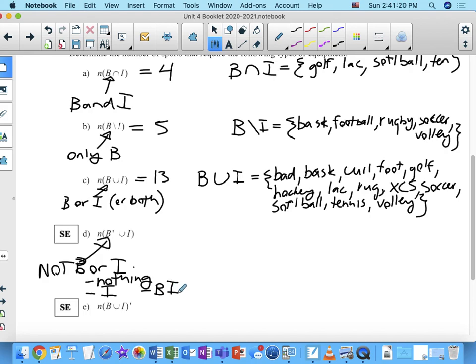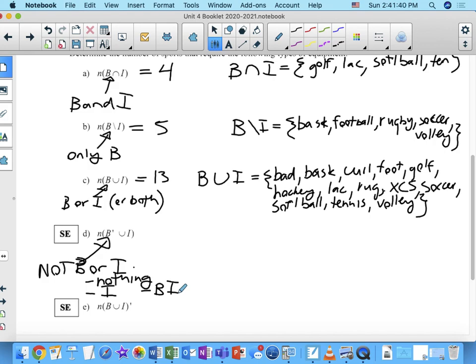Any of those are fine, right? Because nothing means it's not B. I means it's or I. BI means it's not B, like that's not okay, but it's the or I part, okay? So any of these three labels are fine.